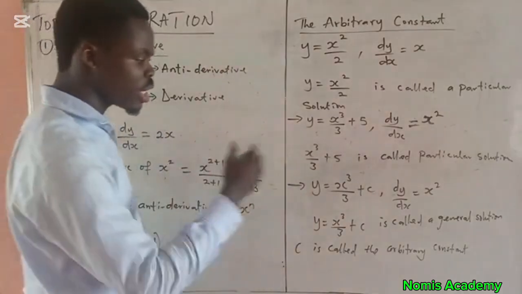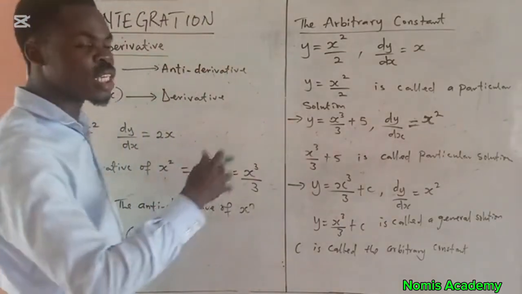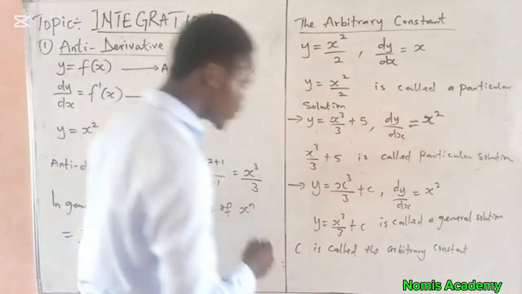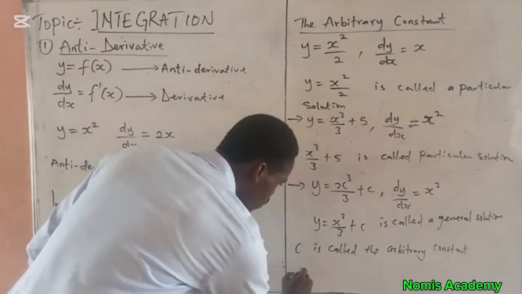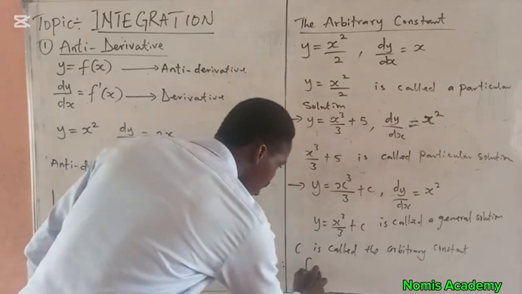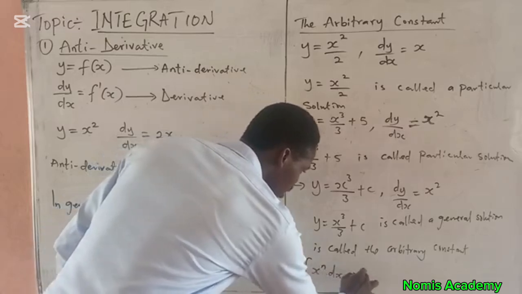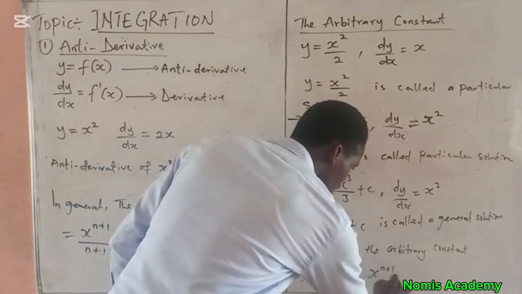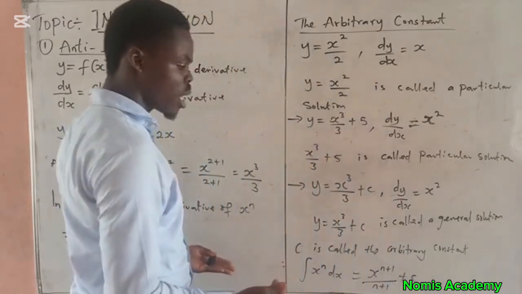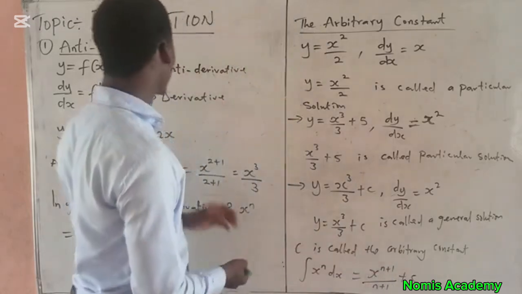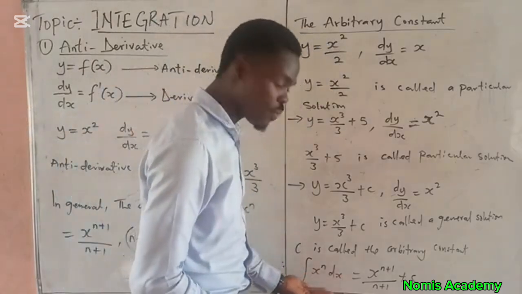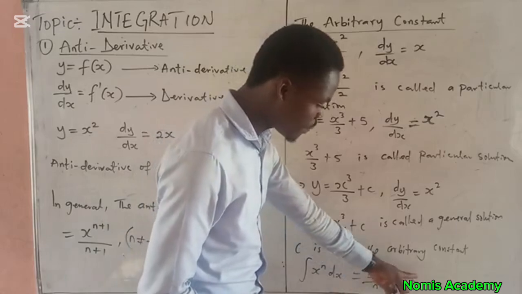Now in general, the general solution, or the antiderivative of a general function, is given as, using the integral sign, the integral of x^n dx, and then we will have x^(n+1) all over n+1 plus c. This is the general form, and this is the basic foundation of integration. So whenever you're given a problem to integrate, you express the function in this form and then proceed further to follow the principle stated.